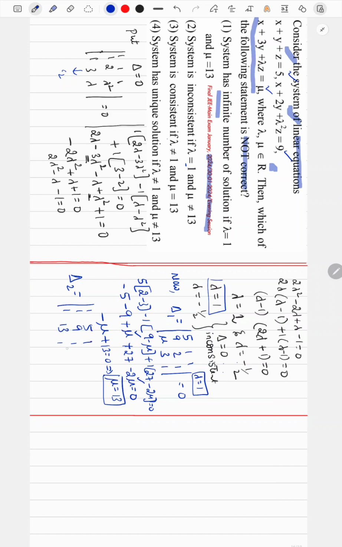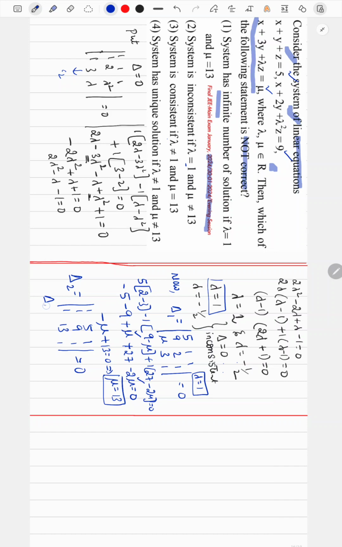The last column is as it is, 1, 1, 1. The value of this determinant is also 0, because if any two rows or two columns of a determinant are the same, then the value of the determinant is 0. We have to use that property of determinants.